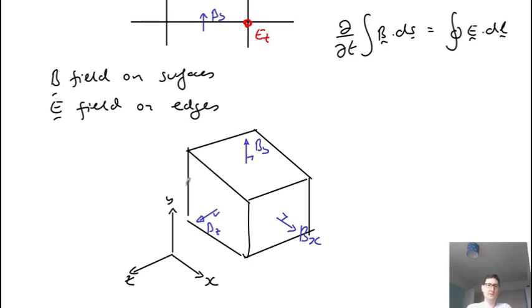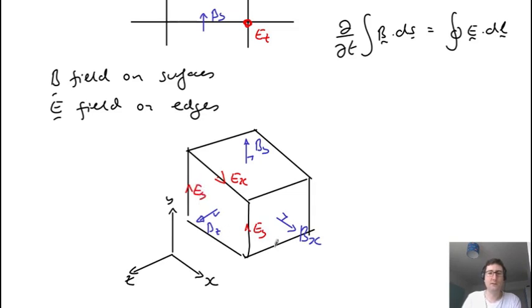And this makes integrating over the surface very easy. At least to first order, you just multiply the magnetic field by the area, and you have the flux. And then if you want to do this loop integral, you need to know the integral of the electric field around this path here, around the edges. So here we define the electric fields: Ex is defined along the boundary aligned to the x coordinates. And then like the x direction, the Ey is on the y coordinate, on the side of the box that's aligned with y.